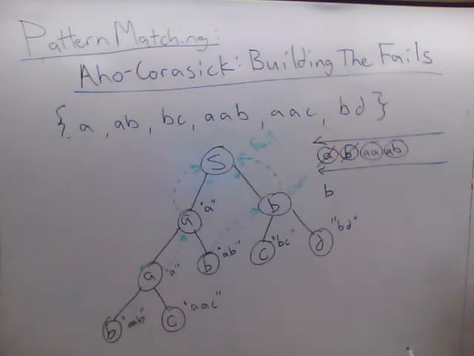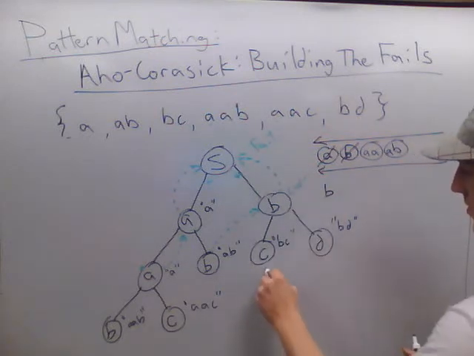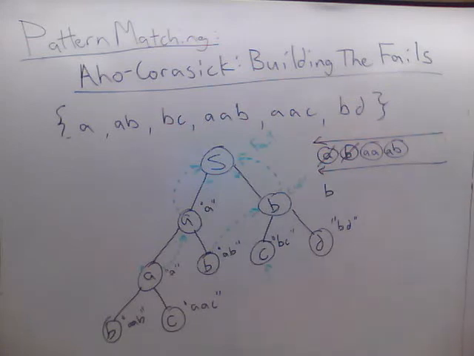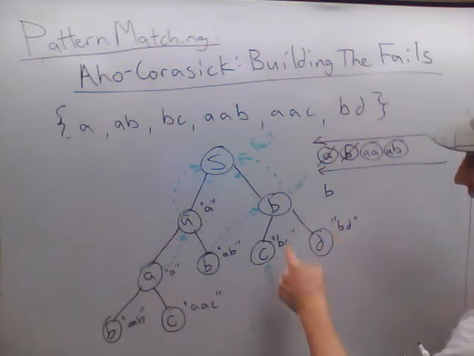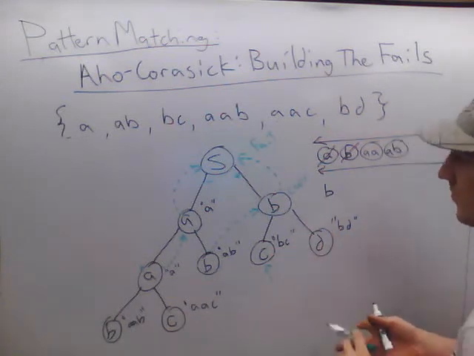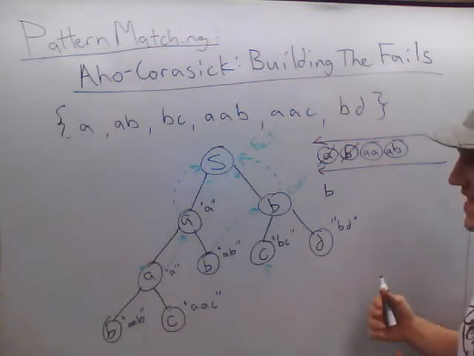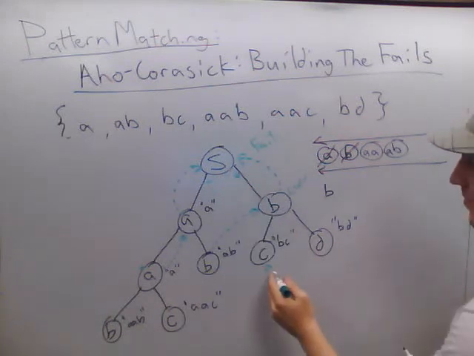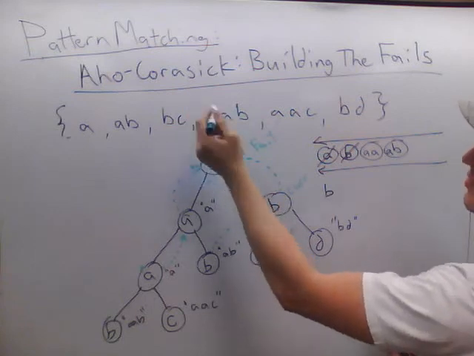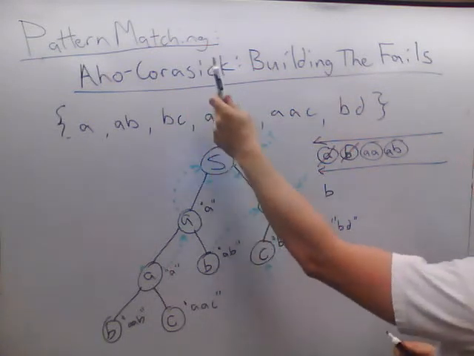Now for each of its children, we're going to look for the closest ancestor starting at the fail that has character C. In this case, the root node does not have a child C, and we have nowhere to fail to, right? There's nowhere to go up from the root.